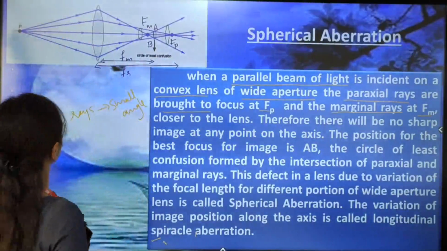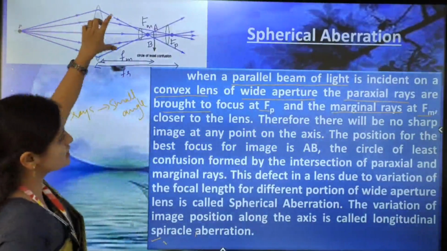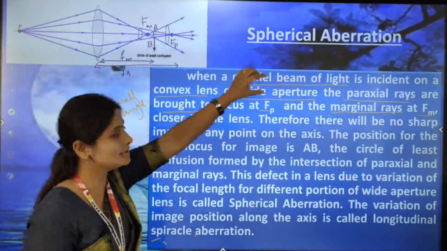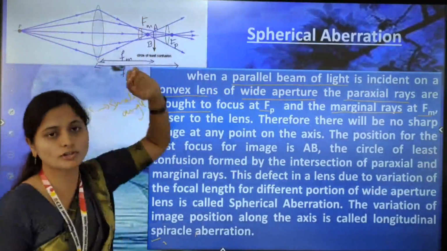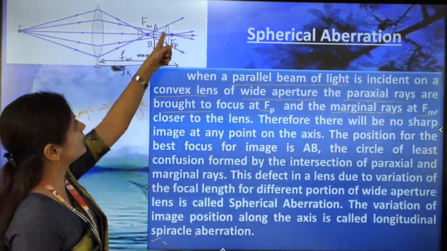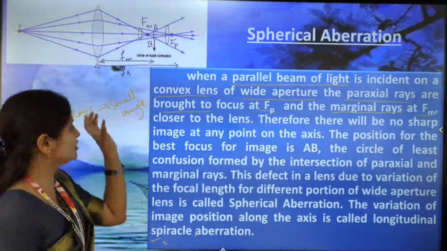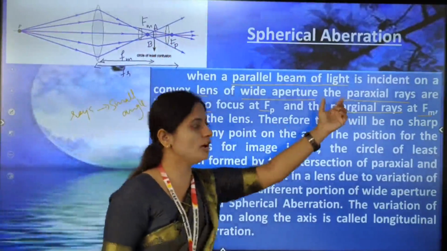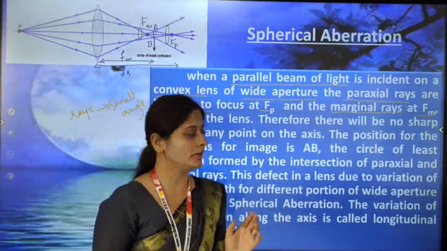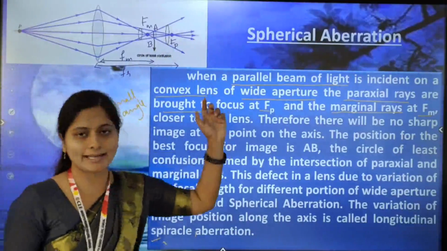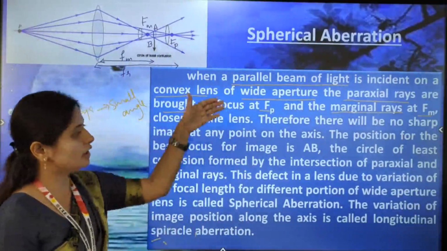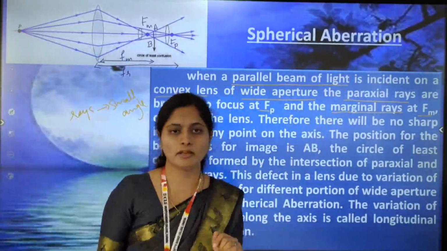See here, our incident rays are incident on the convex lens, and they make one small angle with the principal axis. Such rays we call paraxial rays. So at the FP point we are getting the paraxial rays.